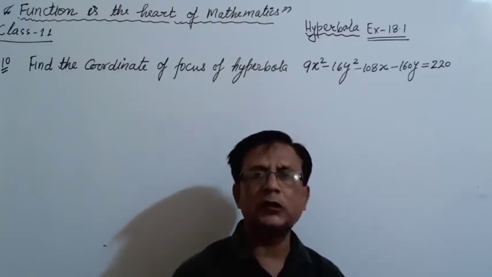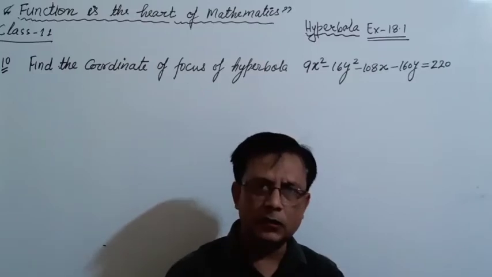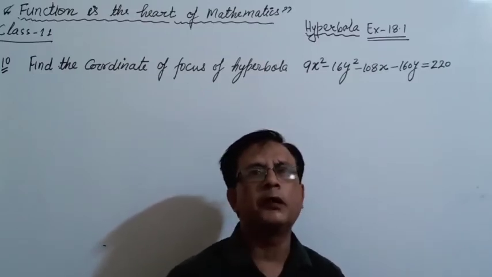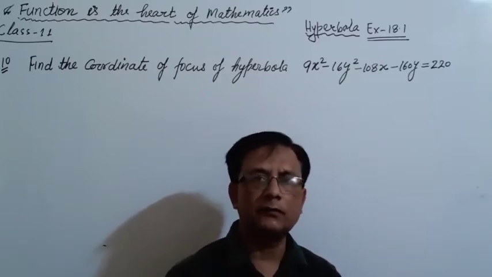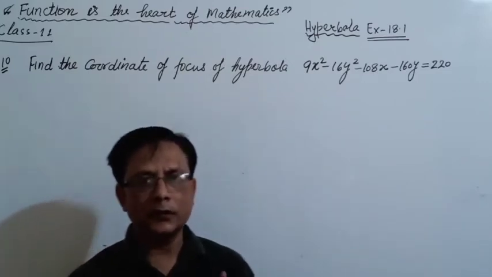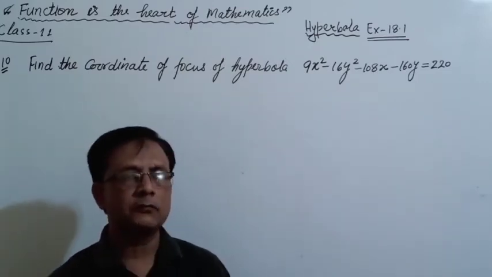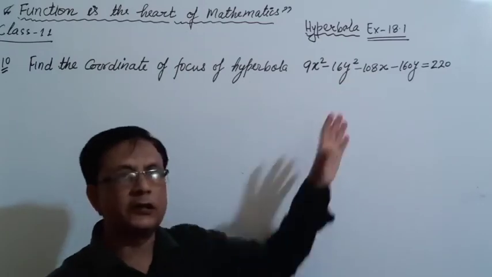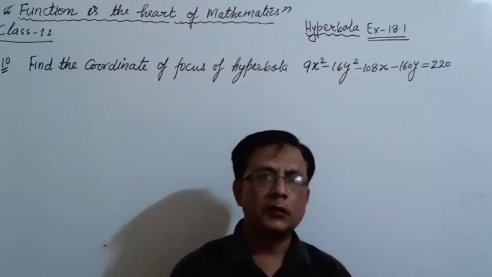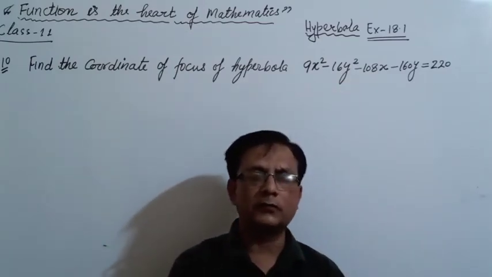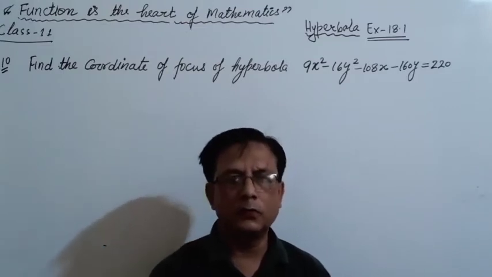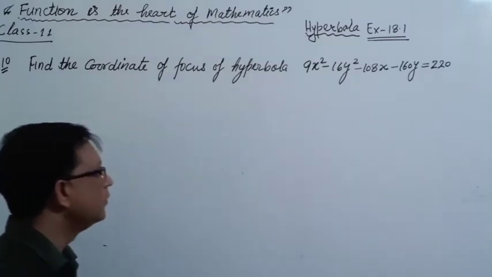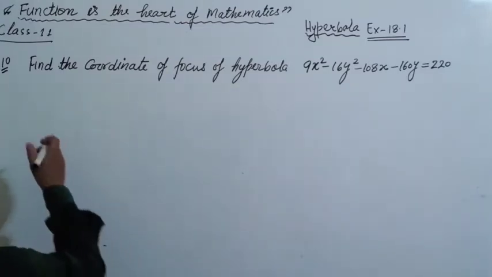So first we change the whole equation into standard form, then compare with the original equation, then find the focus. Listen again: first we change this equation into standard form, then compare, then we find the focus. Okay, now let us see the solution of the question.